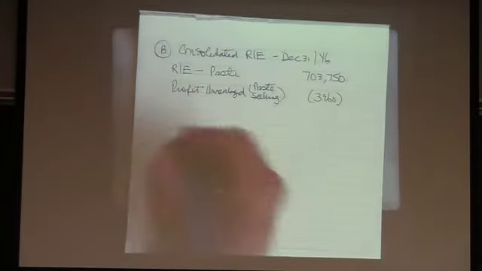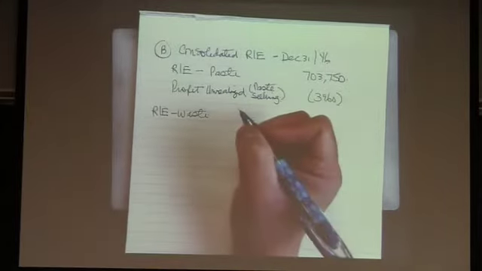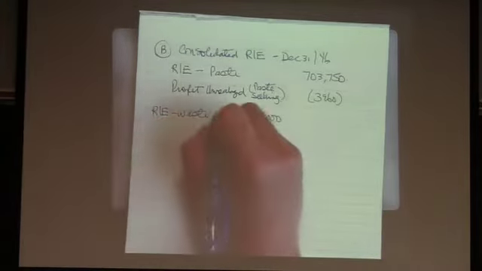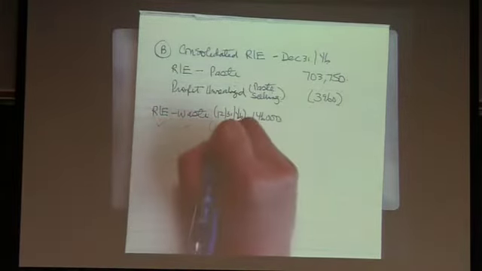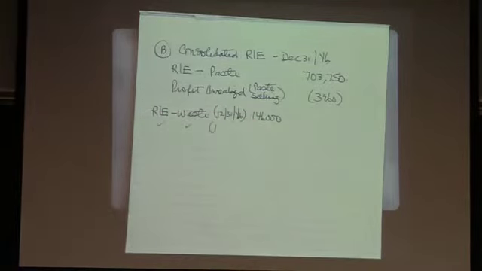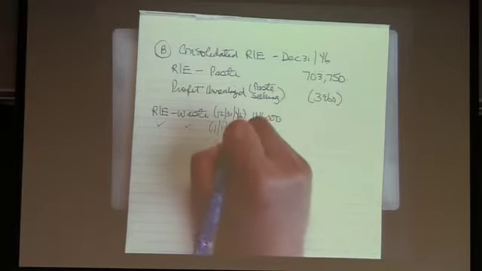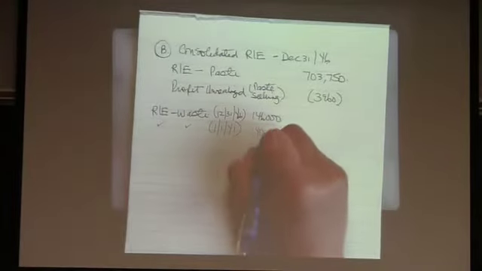Okay, let's start with the first sub. Retained earnings of Waste, and that was given to us, 146. This is 12/31 year 6. We need retained earnings of Waste at the beginning, wasn't it? We bought it on January 1st, year 1. That was the acquisition date, and that was 40,000.